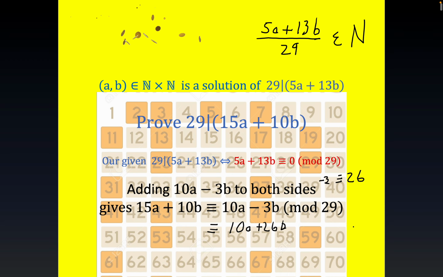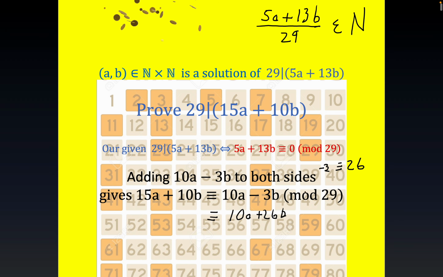But notice another way of writing this. We know that this is a given condition right here. This is 23b.